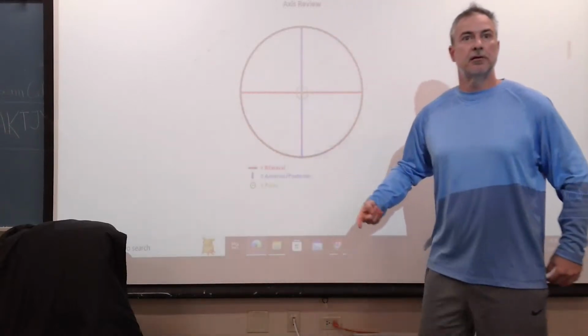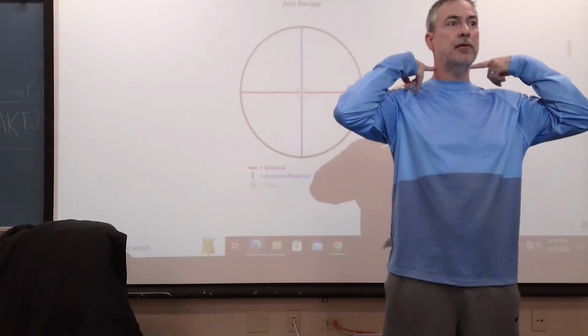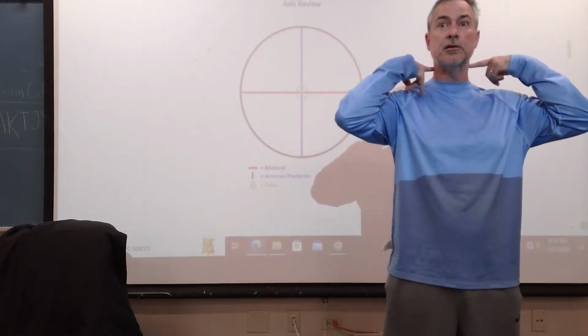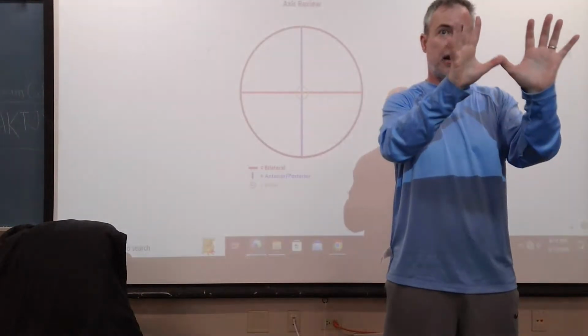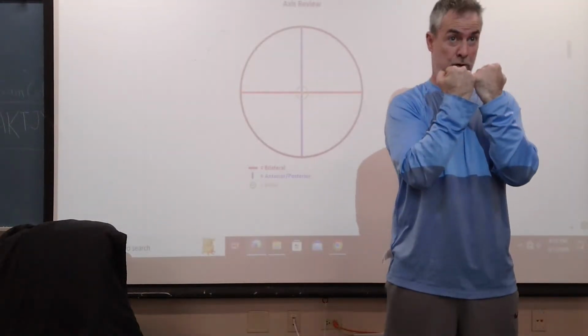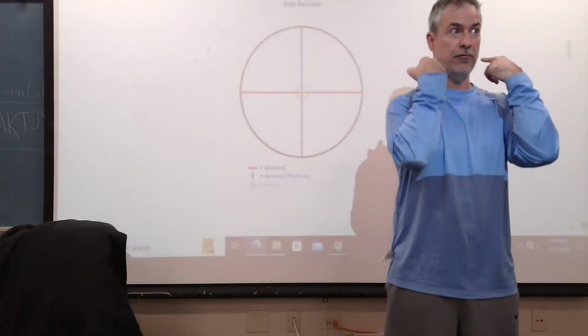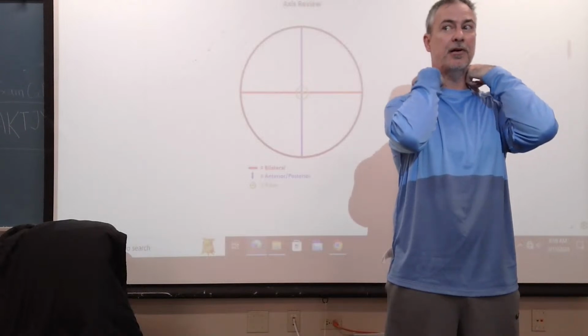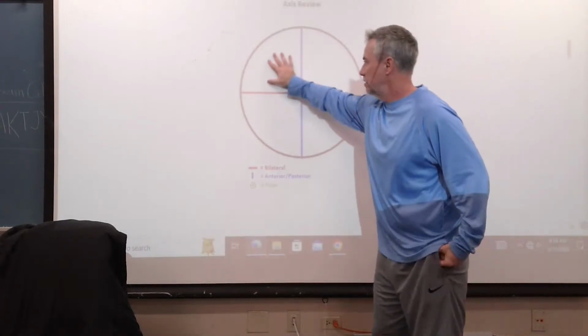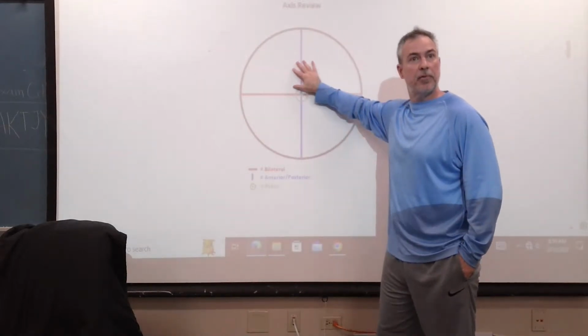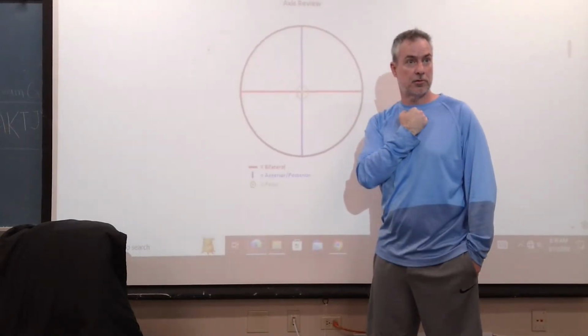Bilateral axis. What motions happen at the bilateral axis? Flexion, extension. So doesn't it make sense that if we have muscles anterior to the bilateral axis, they would be flexion pullers? And if we had muscles posterior, in the back of the bilateral axis, they'd be extension pullers. So muscles that are in the front of the bilateral axis are going to be our flexors.